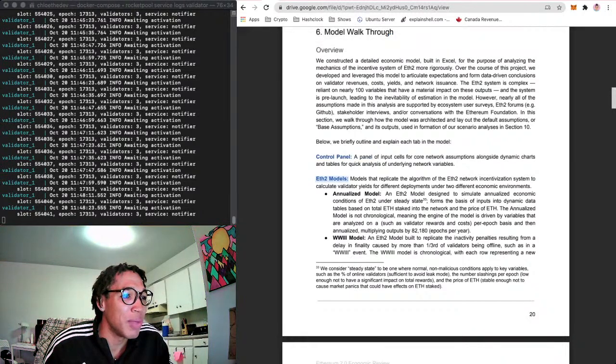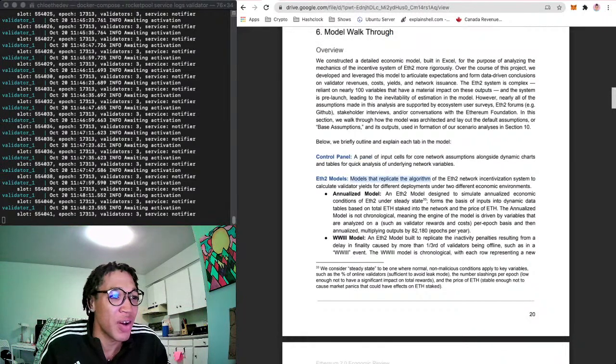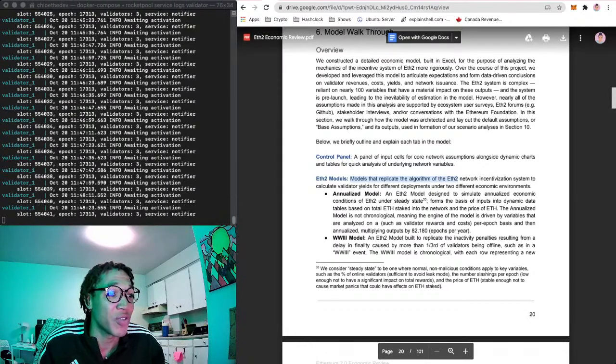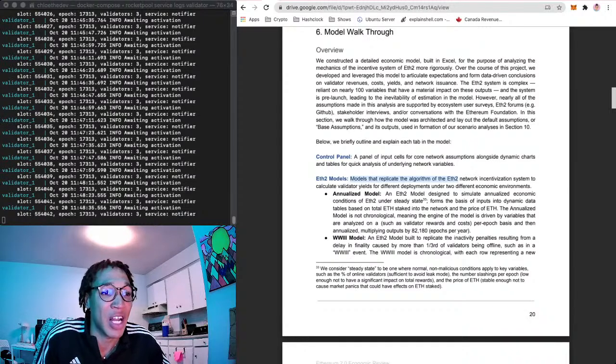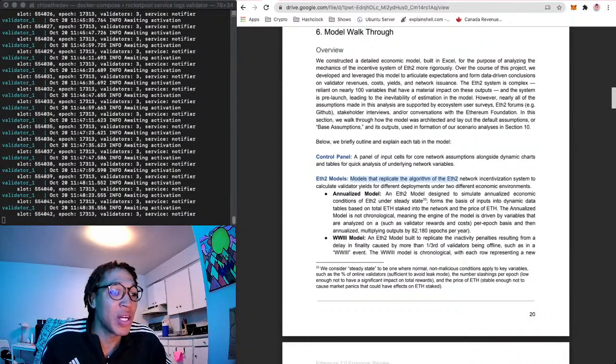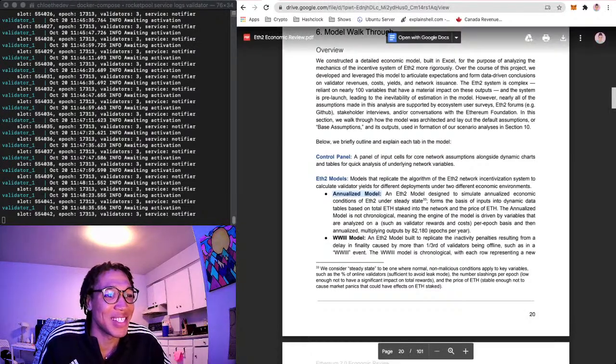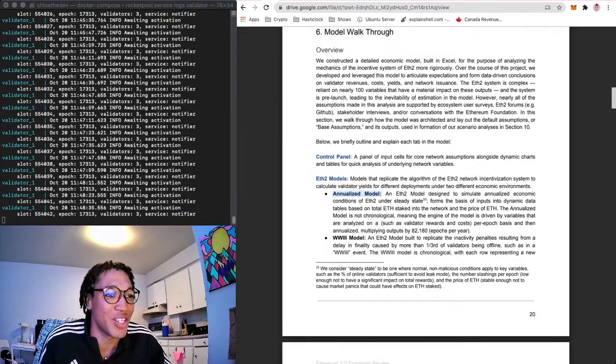ETH2 models that replicate the algorithm of the ETH2 network incentivization system to calculate validator yields for different developments under two different economic environments. The annualized model, an ETH2 model designed to simulate annualized economic conditions of ETH2 under steady state, forms the basis of inputs into dynamic data tables based on the total ETH staked in the network and the price of ETH.